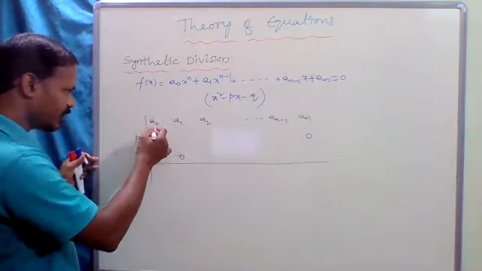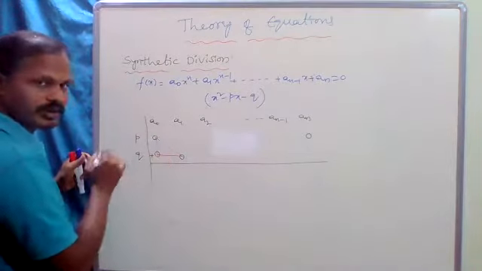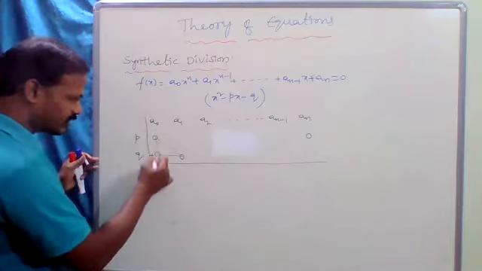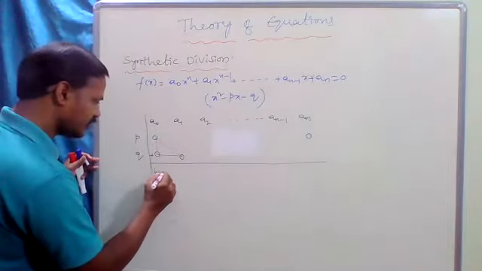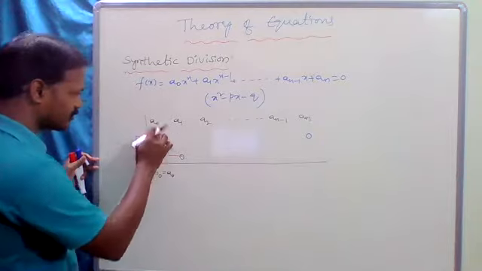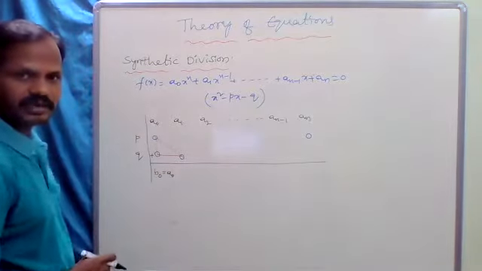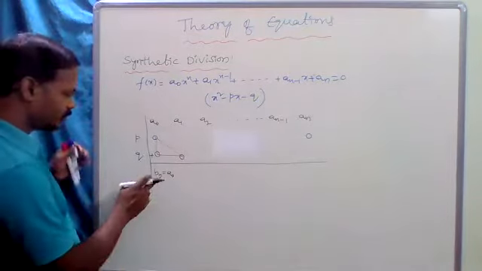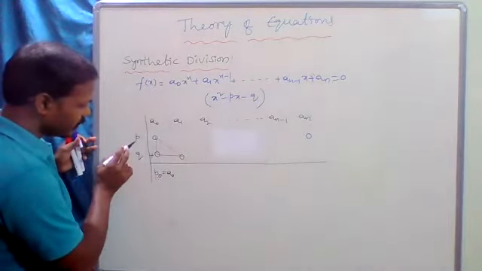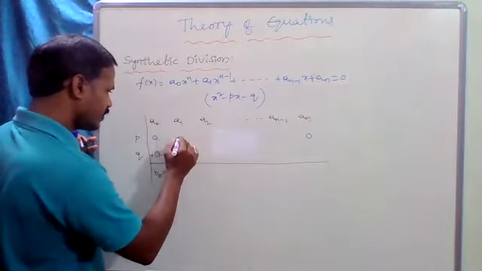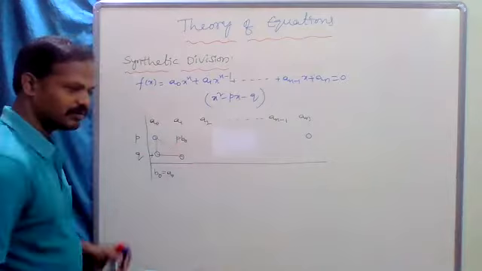Adding a0, 0 and 0, you will get b0, which is nothing but a0. Now multiply this b0 with p, which gives p b0.